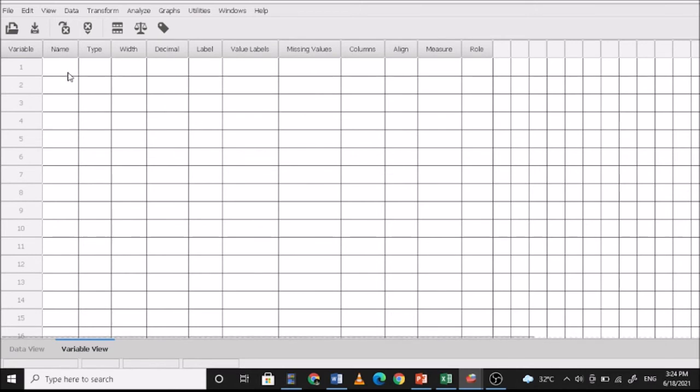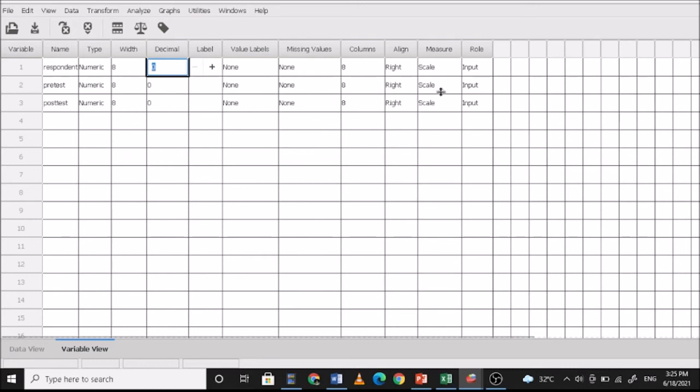And in your PSPP, in variable view, we have respondent, pre-test, and post-test. This is scale, this is also scale. I don't actually have labels, so 0, 0, 0.